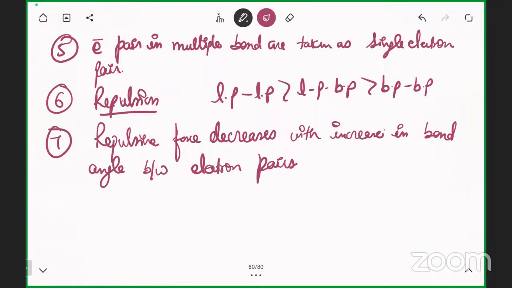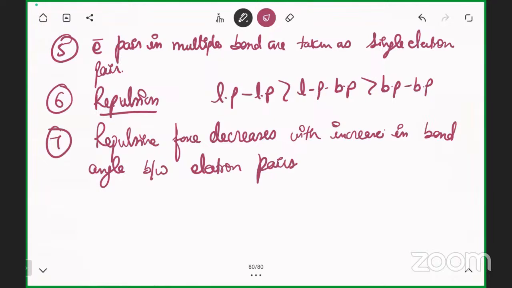It means repulsive force will decrease when there is less repulsion between the lone pairs. So if it is happening, then the bond pairs will move and bend, you can say. So this was the total thing given by the VSEPR.